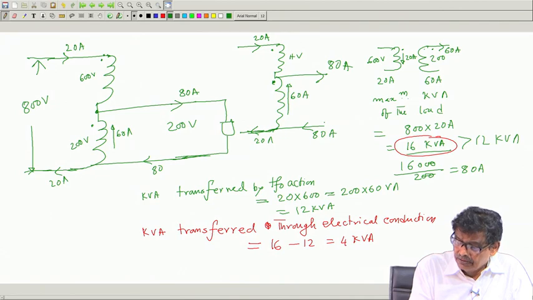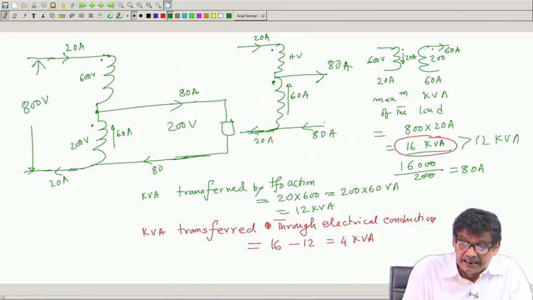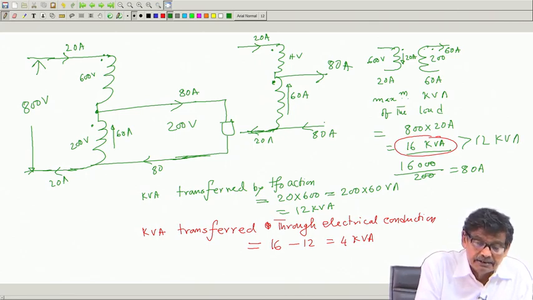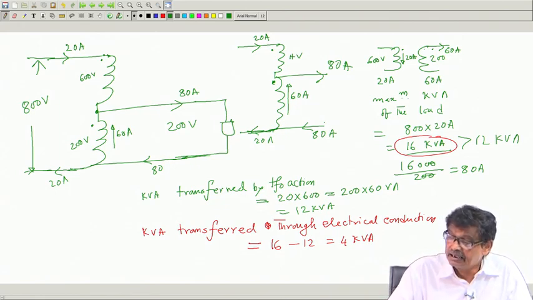And we have also seen another interesting feature. A two winding transformer whose rating is, for the numerical example we considered, 12 kVA, apparently looks surprising, that the kVA handled by this connection is much more than the kVA rating of the two winding transformer.